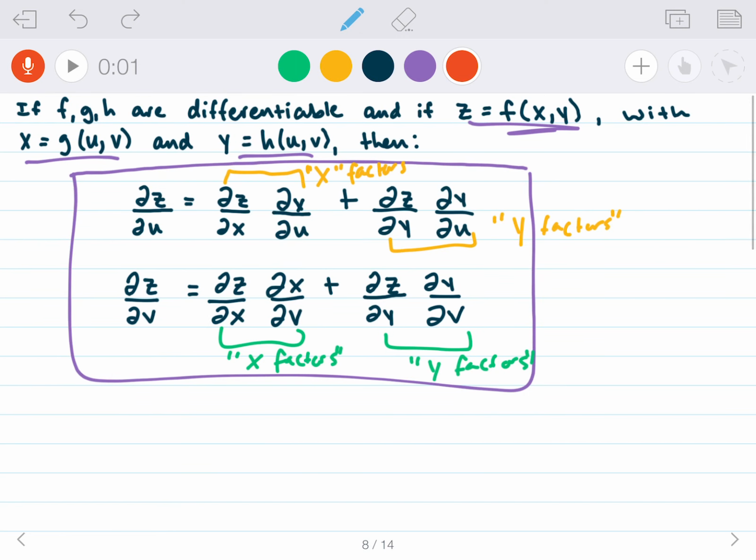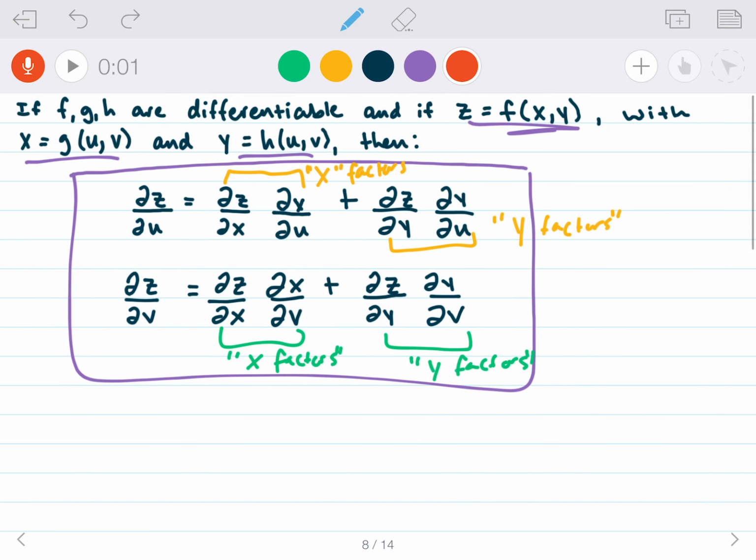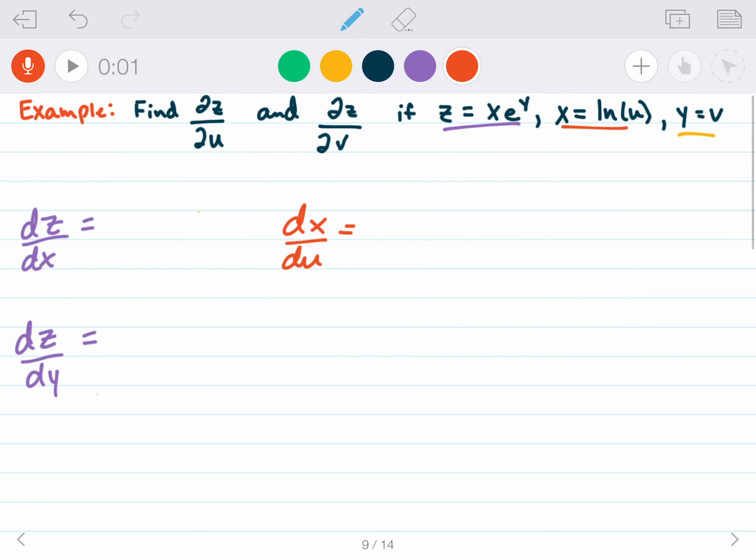Now, it wasn't really explicitly given in this one, but what we want to assume here is this situation. We want to assume that x is a function of u and v, and that y is a function of u and v, okay? So we can find dx du, and we should, in theory, be able to find dx dv, since x is a function of u and v, okay?